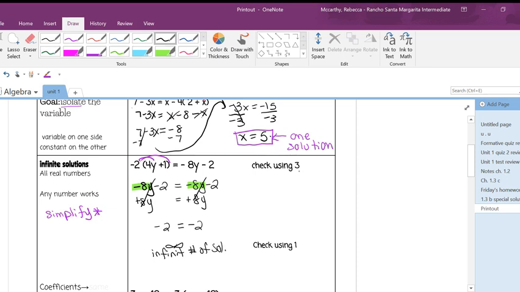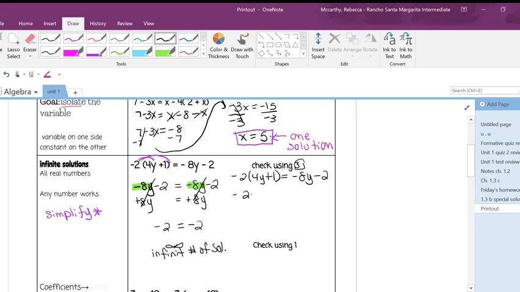So that means, let's look at 3. Is 3 an answer to this? We've been checking, and so we've understood that our answers are solutions. So let's look, is 3 a solution? I'm going to plug 3 into my original equation. First I always write the original equation.